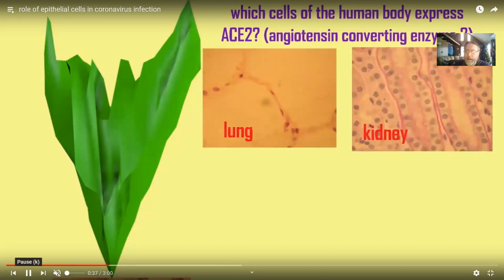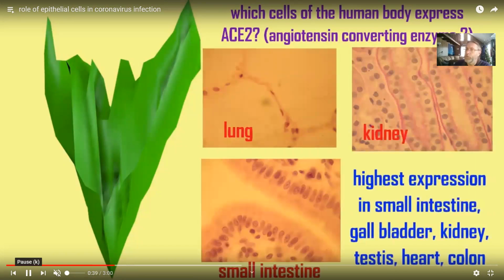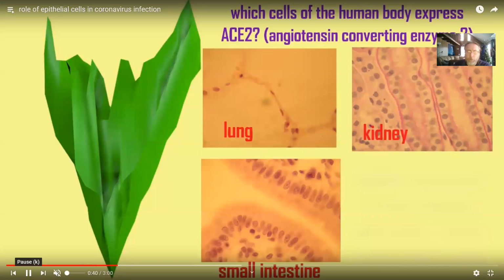And there are lots of different cell types in the body, and many express this ACE2 receptor. And so it is not just in the lung, which is obviously our first topic of conversation, given that this is a respiratory virus transmitted through respiratory droplets. But there's also expression of ACE2 in the small intestine, the gallbladder, the kidney, the testis, the heart, the colon. And what the effects are on these various cells is not yet known.